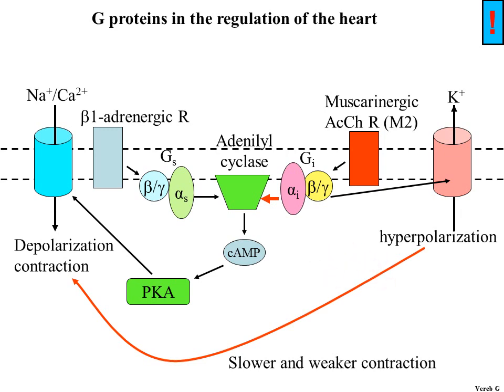And the major signal transducer or messenger molecule of the parasympathetic nervous system is acetylcholine.